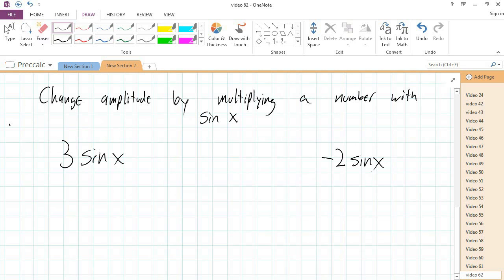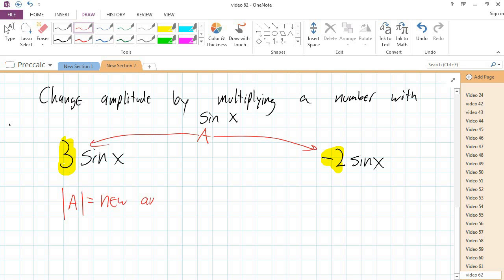Each of these changes the amplitude. Okay? The number that we multiply in front of the sine, let's refer to generically as a. And the absolute value of a is going to be the new amplitude of sine.